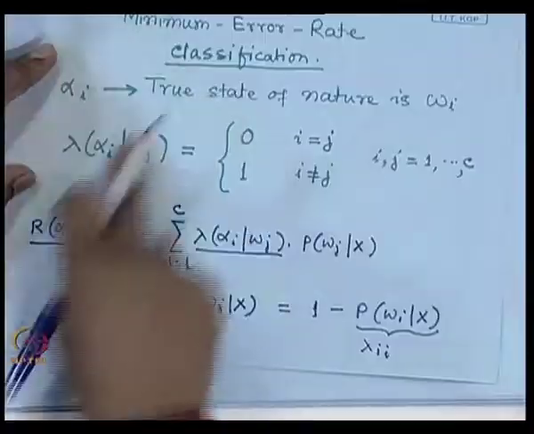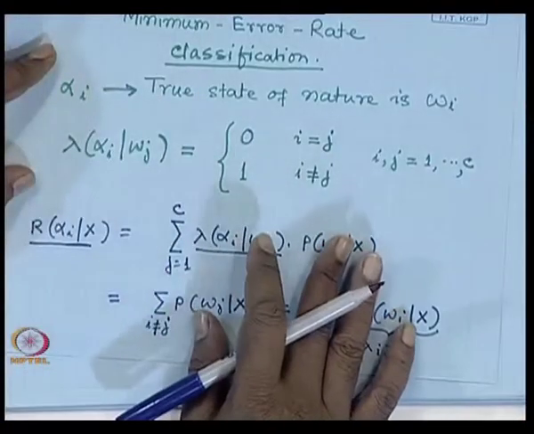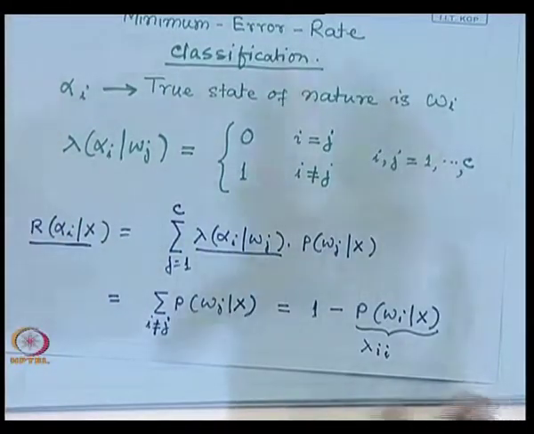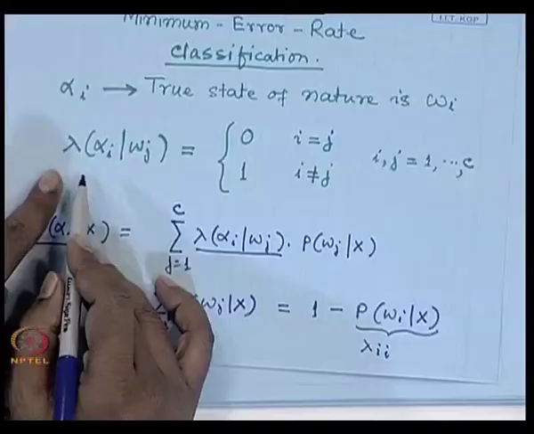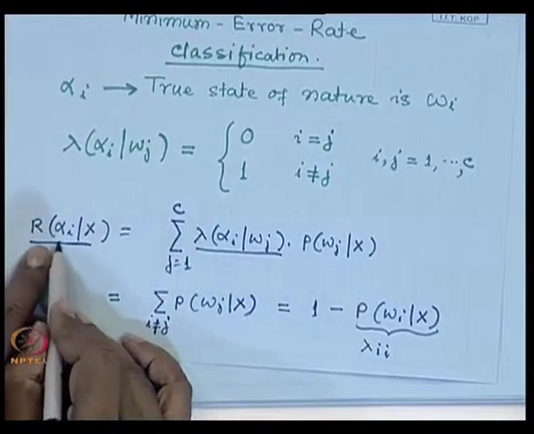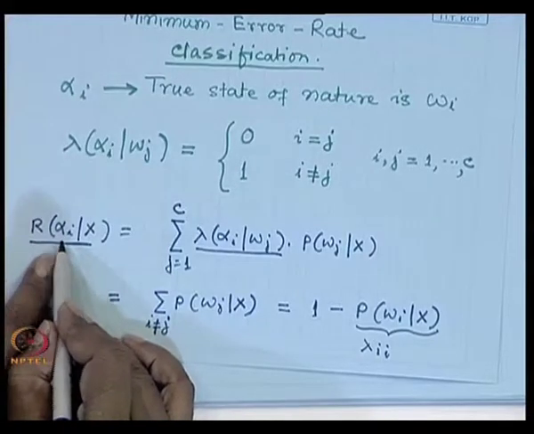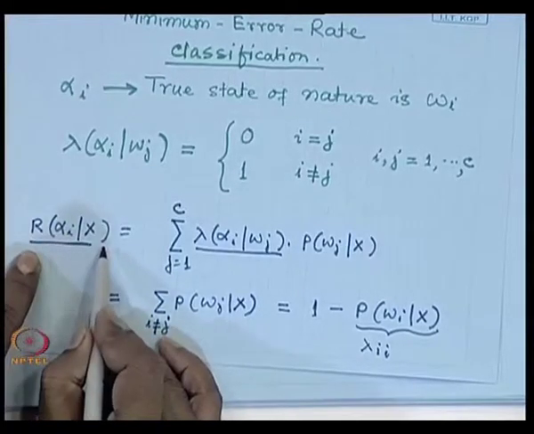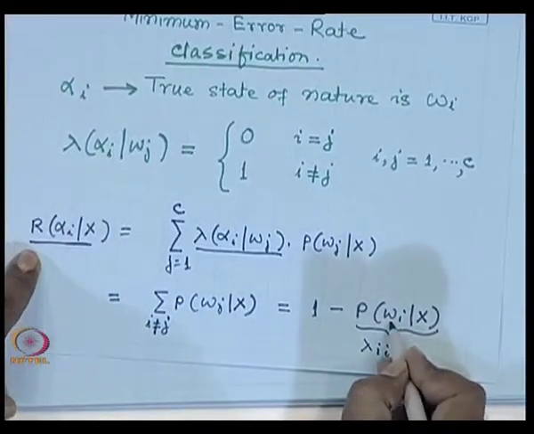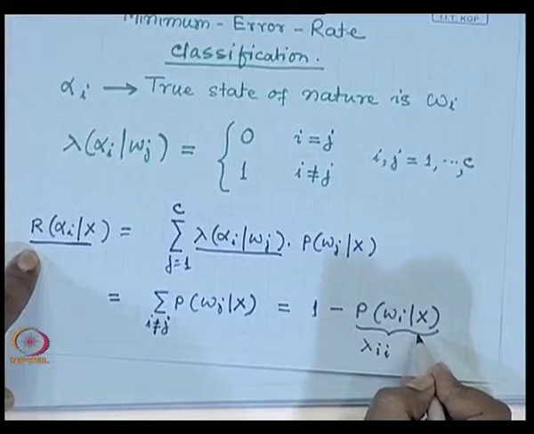And it will decide in favor of that action which gives you minimum error, right. And you find that I have to compute the number of functions which is equal to number of classes, or which is equal to number of actions that I have in my classifier. So many functions are to be computed. For every action alpha I in my classifier, I have to compute this R of alpha I given x. For every class omega I have to compute this p of omega I given x, like that.